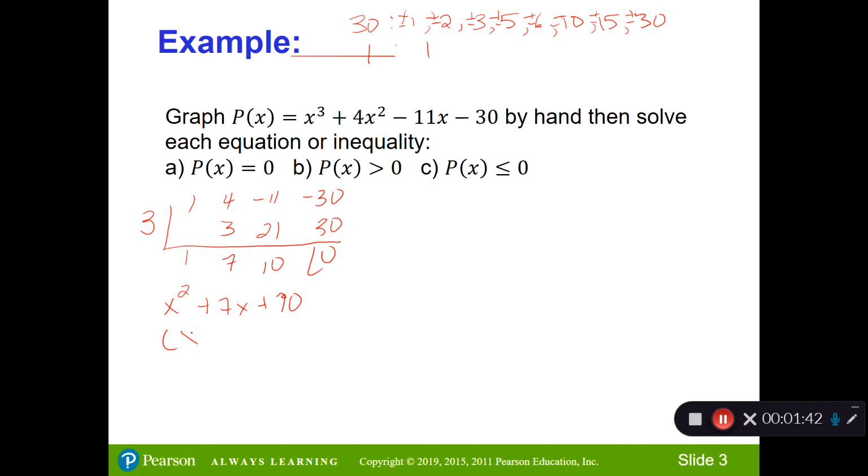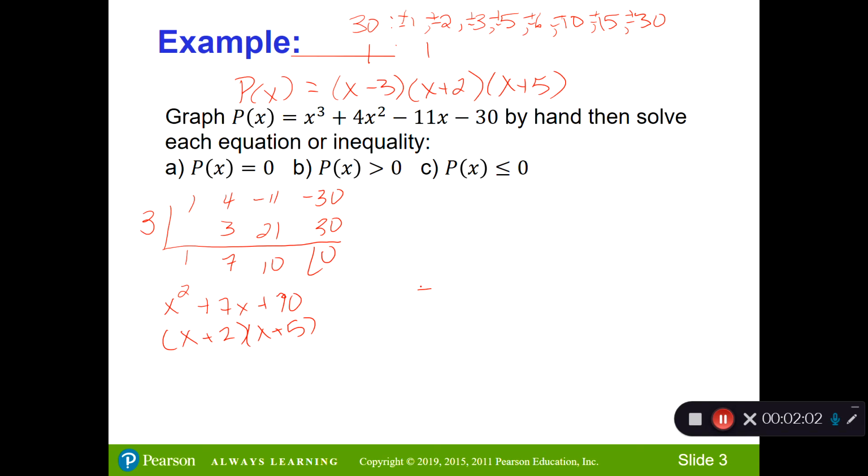And that factors into x plus 2 times x plus 5. So my polynomial here factors into the 0 we found, x minus 3, times x plus 2, times x plus 5. So we have a 0 at positive 3, negative 2, negative 5.